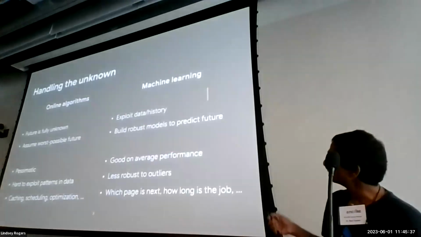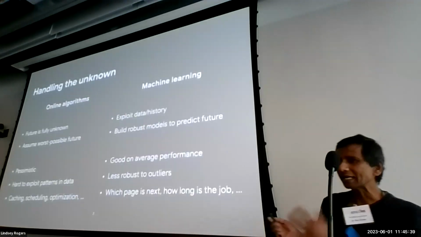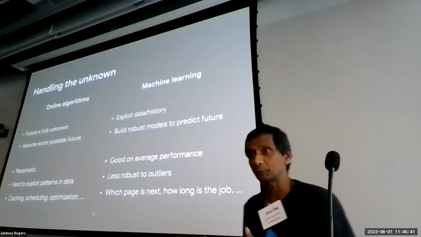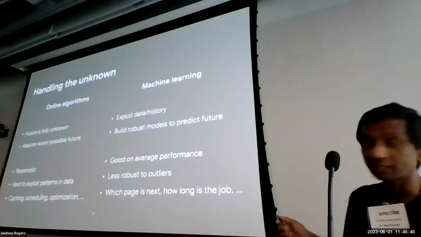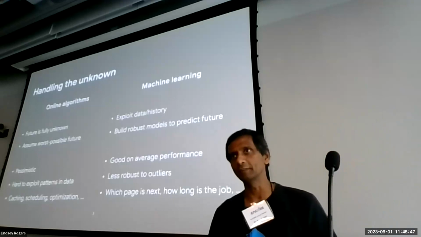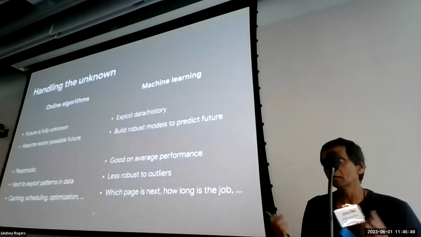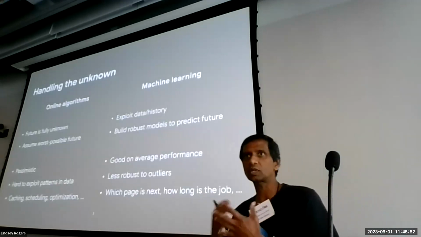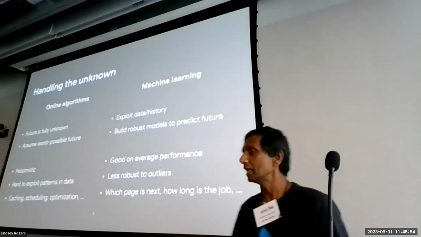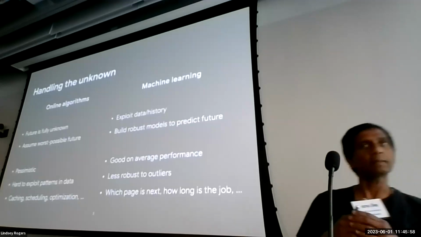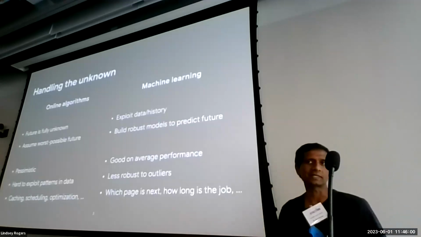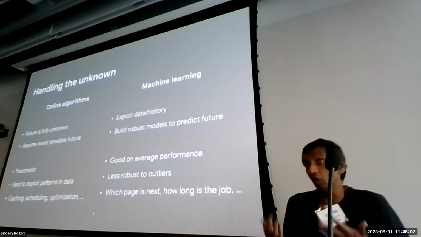On the other side, we have machine learning, and I want to contrast these two fields in the best possible way. The whole tenet of machine learning is to exploit data or history, right? We have enormous amounts of data collected over time, or some postulate on the behavior of the system, and you want to capture that into a robust model that can be used to predict the future in some sense, to predict things that are not seen before.